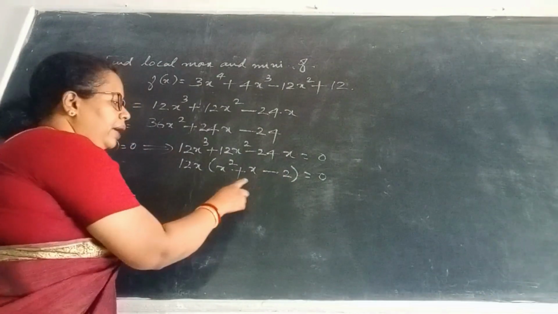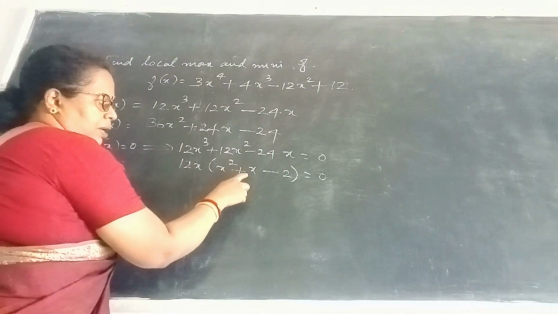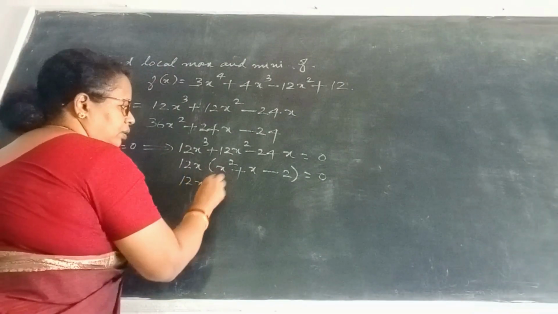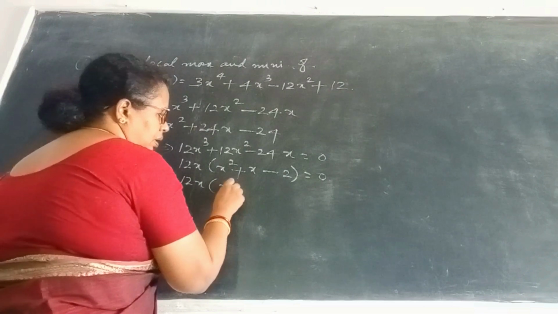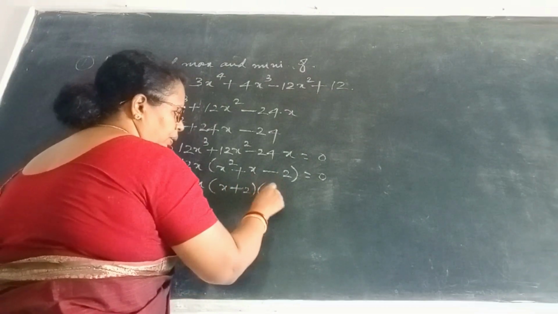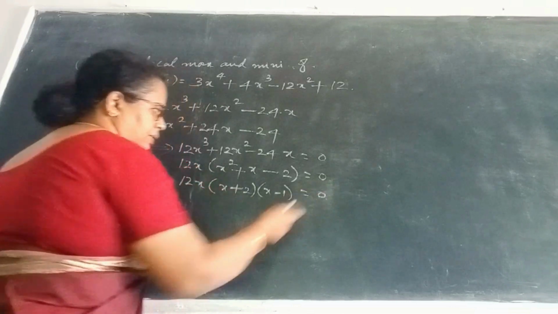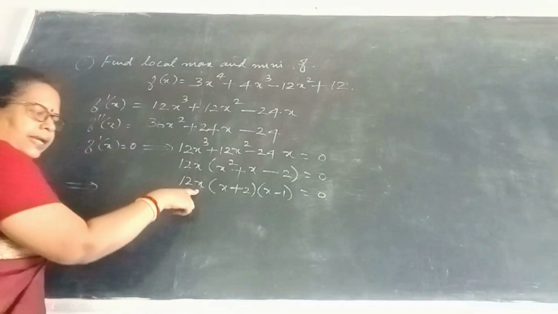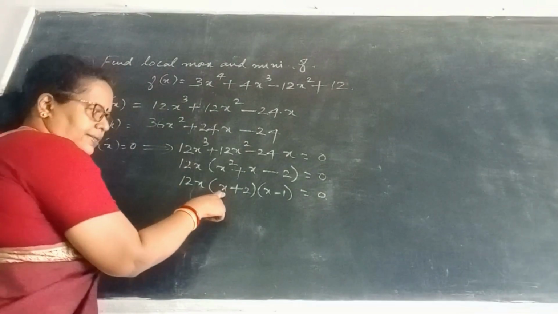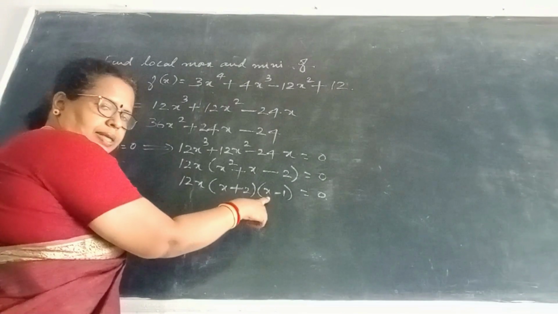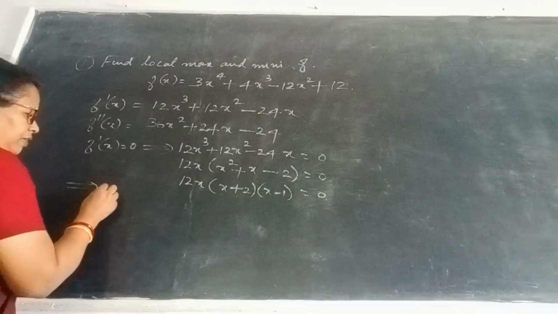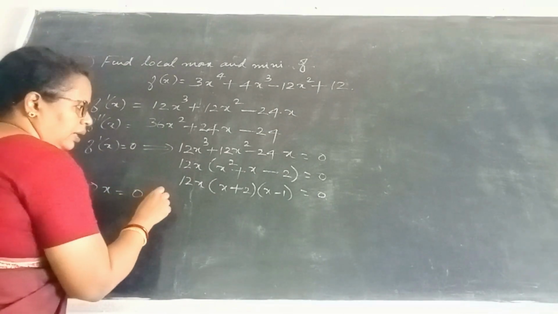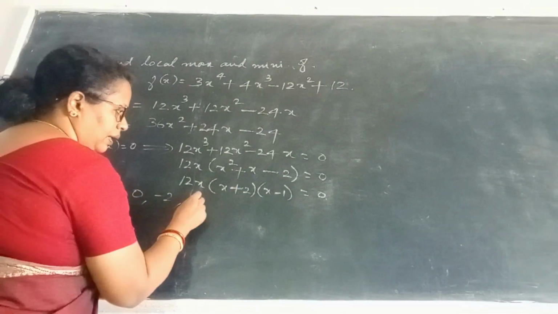Product negative 2 and sum positive 1, so the numbers are plus 2 and minus 1. So it is 12x into x plus 2 into x minus 1 equal to 0. This gives the extreme values: x equal to 0, negative 2 and 1.